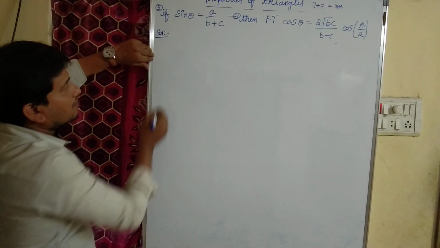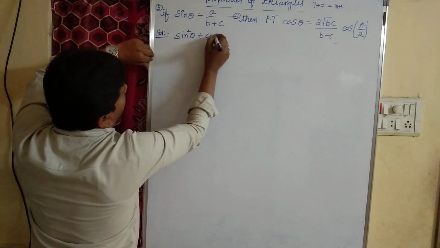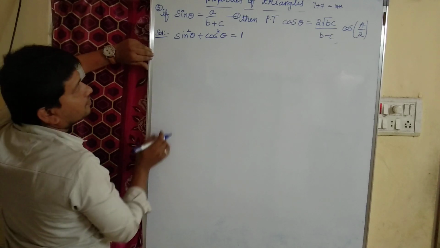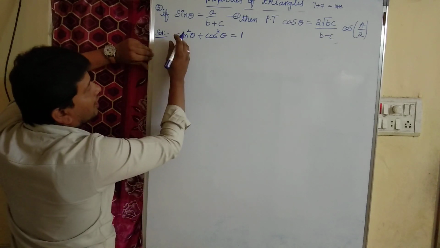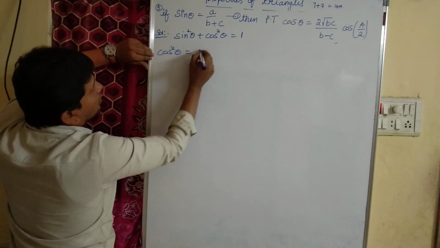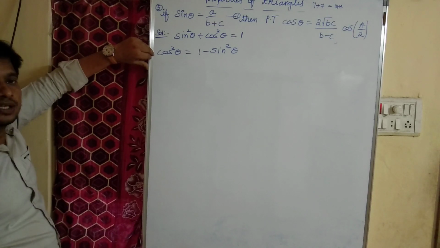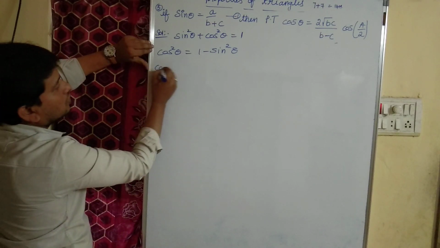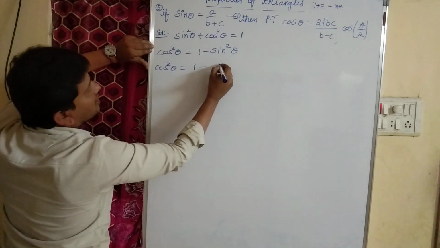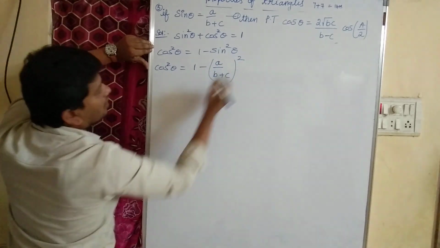In terms of sin and cos, we have an identity, sin square theta plus cos square theta equal to 1. Let us transpose sin square theta towards right hand side. So cos square theta equal to 1 minus sin square theta, so cos square theta equal to 1 minus a by b plus c whole square.